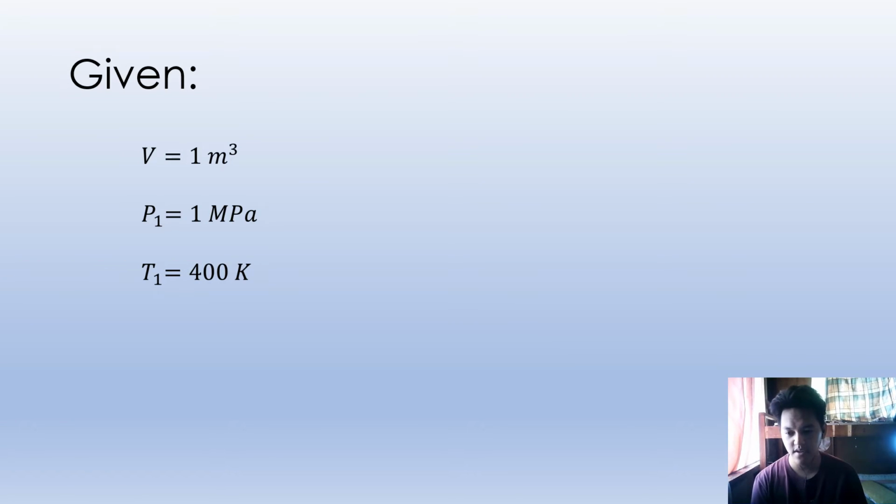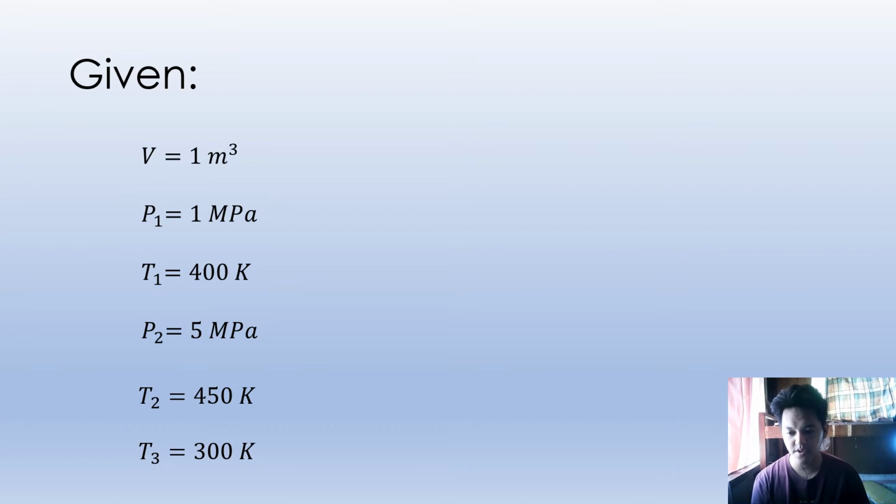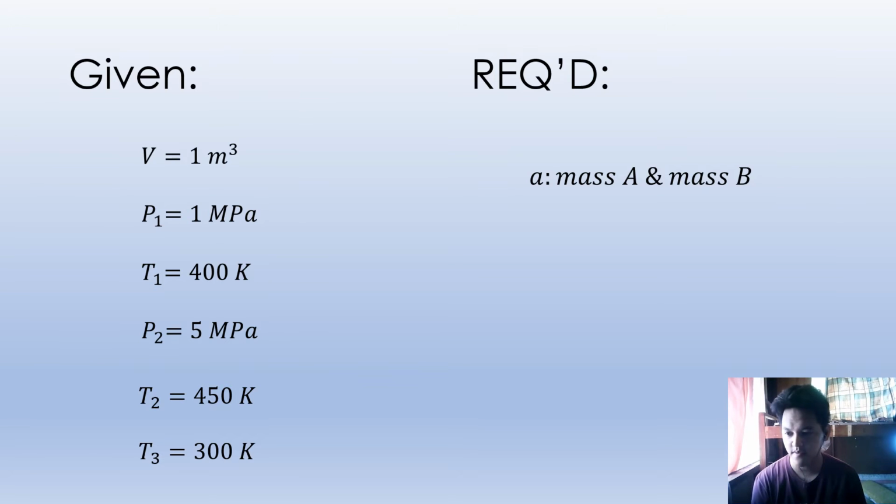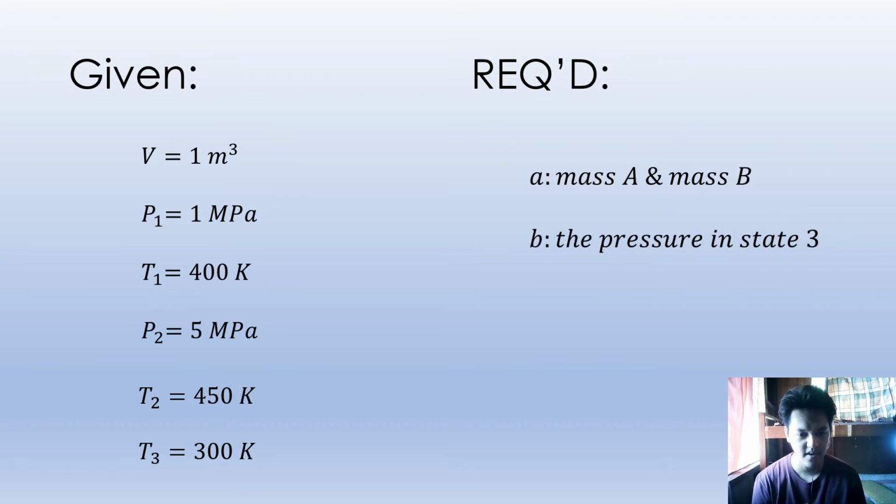The temperature in air 1 is 400 Kelvin, the pressure in air 2 is 5 megapascal, and the temperature in air 2 is 450 Kelvin. Lastly, the temperature in the third state, which is room temperature, is 300 K. As you can see, in letter A we're going to compute mass 1 and mass 2, and in letter B the pressure in state 3.